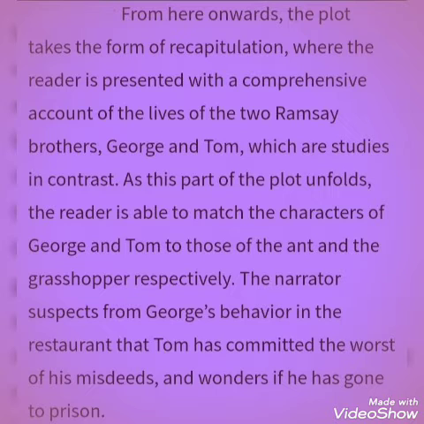As this part of the plot unfolds, the reader is able to match the characters of George and Tom to those of the ant and the grasshopper respectively. The narrator suspects from George's behavior in the restaurant that Tom has committed the worst of his misdeeds and wonders if he has gone to prison.